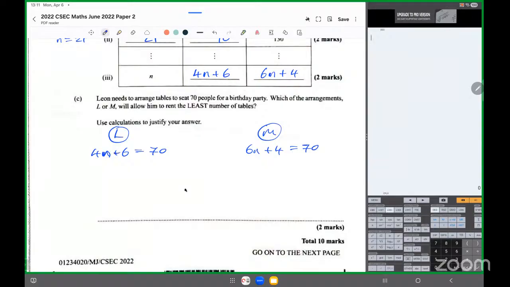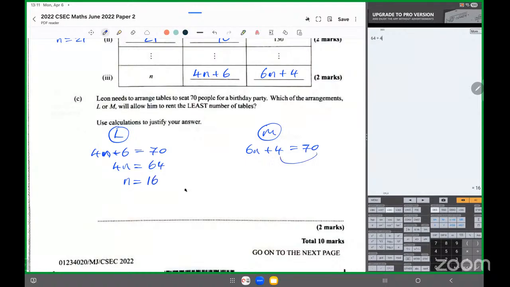So 4N for this one is equal to, subtract 4, you get 64. And then N equals 64 divided by 4, which is 16. So N equals 16.